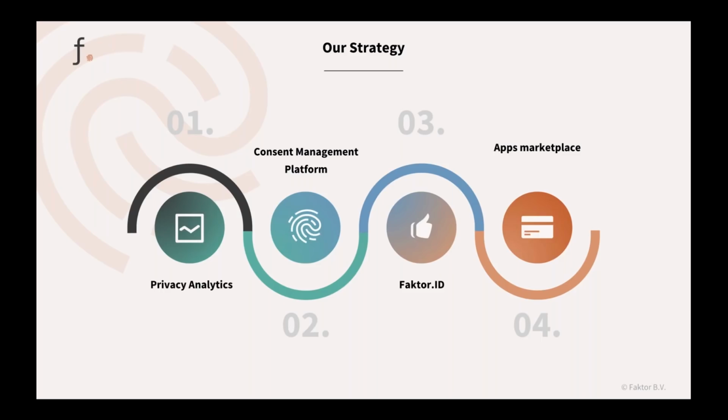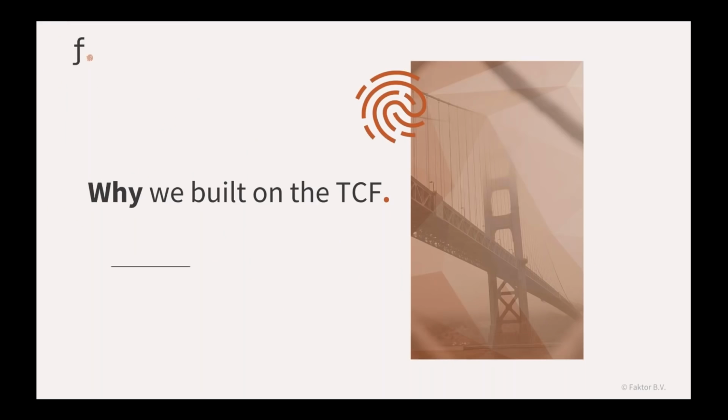So for the CMP, we have launched several different themes. This is one example where we block the entire screen. It's a more conservative model. The one that I'll be demoing is actually a bar that is probably more familiar to users.